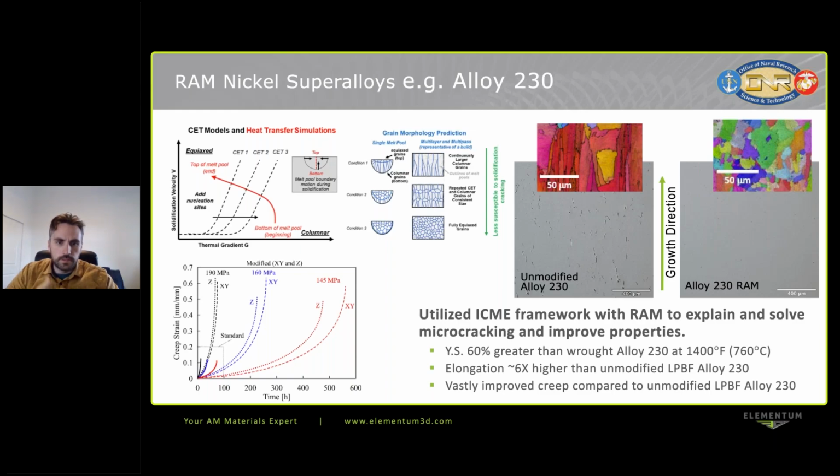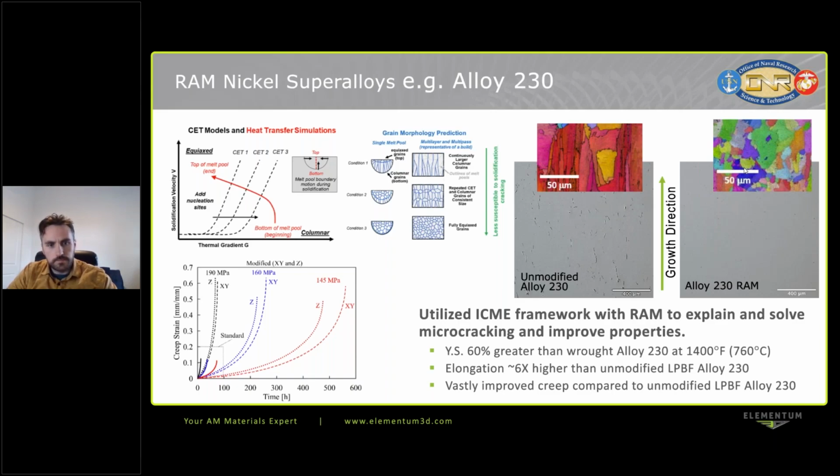And through the introduction of our RAM constituents or inoculants, we're able to preferentially create nucleation sites and heal the solidification cracking that happens, and thus make a more robust and high performing alloy 230 for additive manufacturing with superior creep strength and mechanical strength for this material.